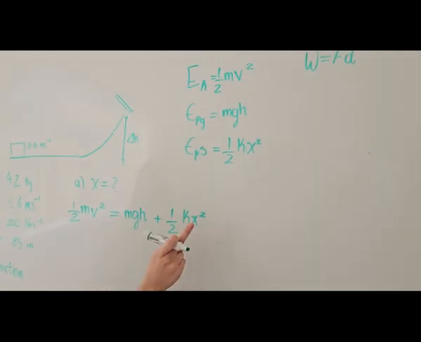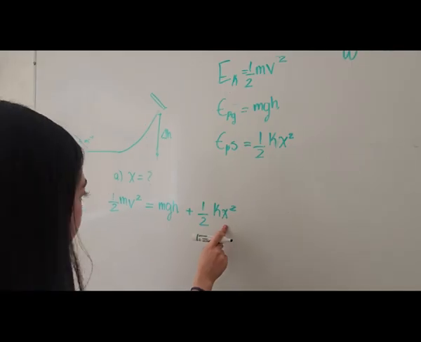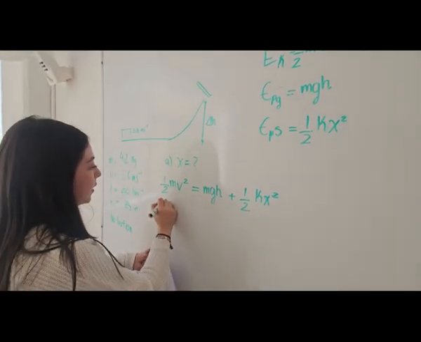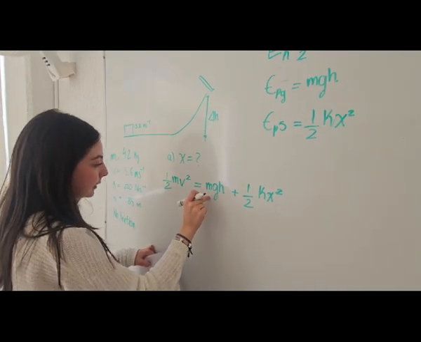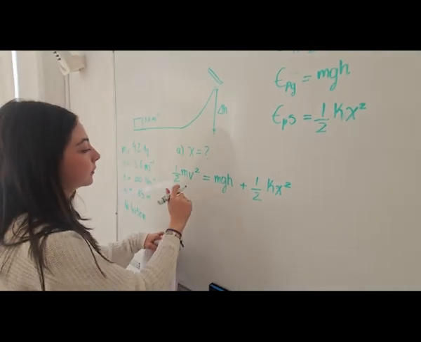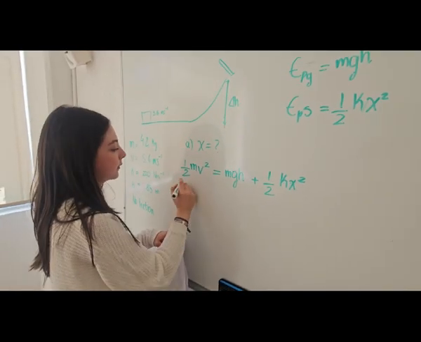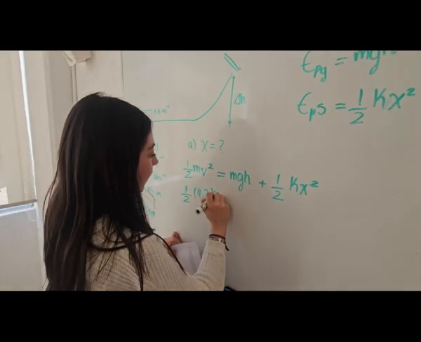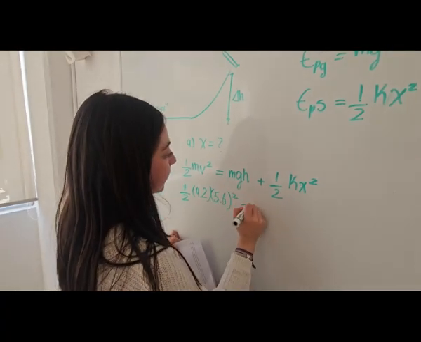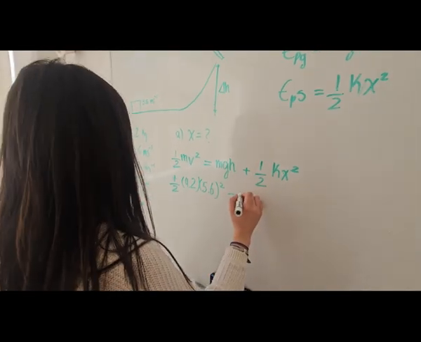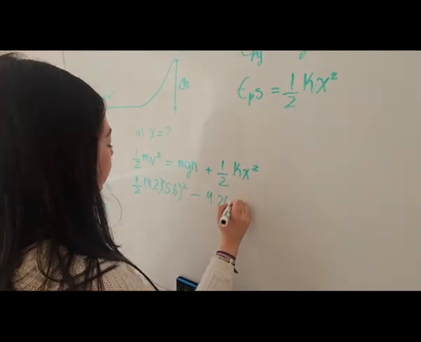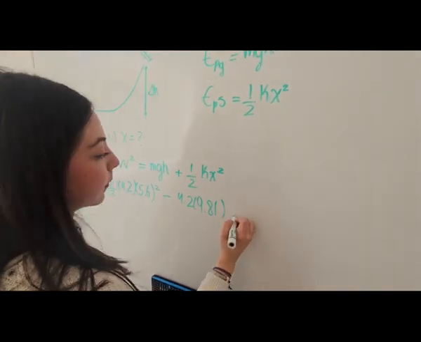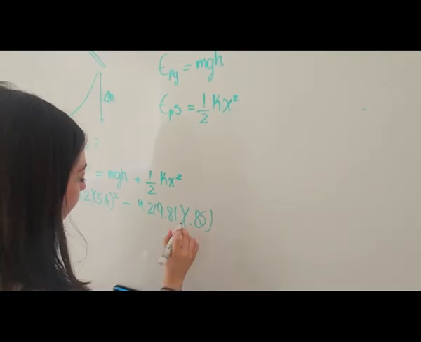But we want to know the x, which is the distance. So we're going to subtract this. It's going to be something like this: 1/2 times 4.2 times 5.6 squared minus 4.2 times 9.81 times 0.85.